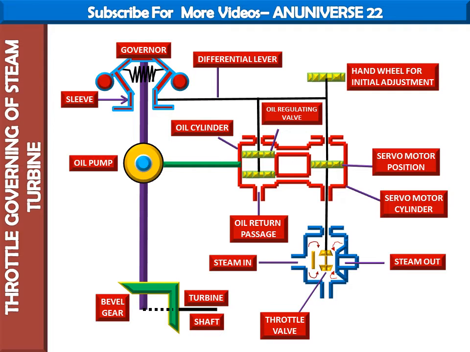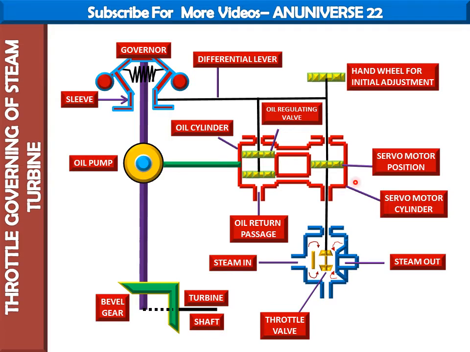Now we discuss the case when the load on the turbine is reduced, and the turbine is rotating at a higher speed than the full load speed as energy supplied is the same. So an increased speed of the turbine shaft causes the governor sleeve to move upward.